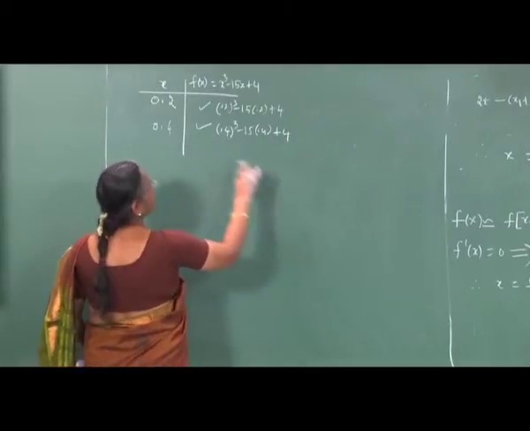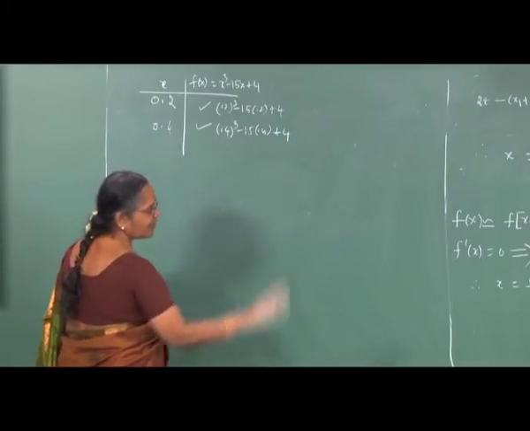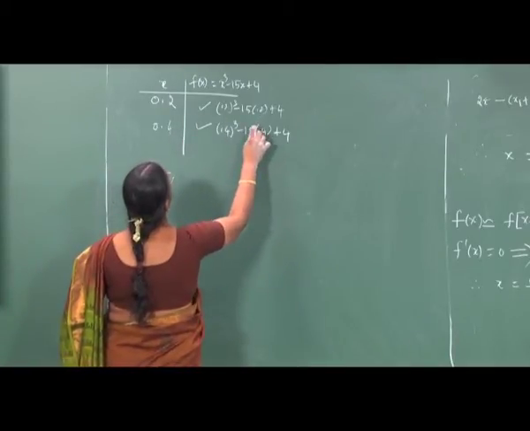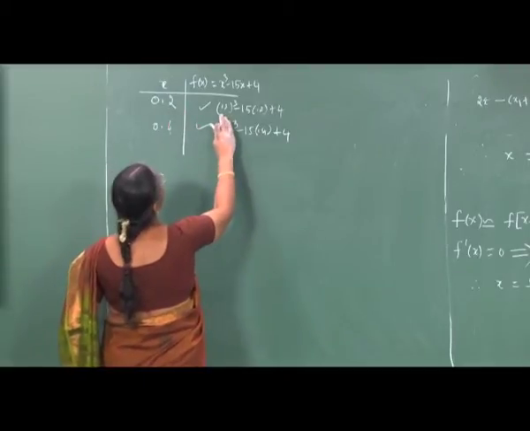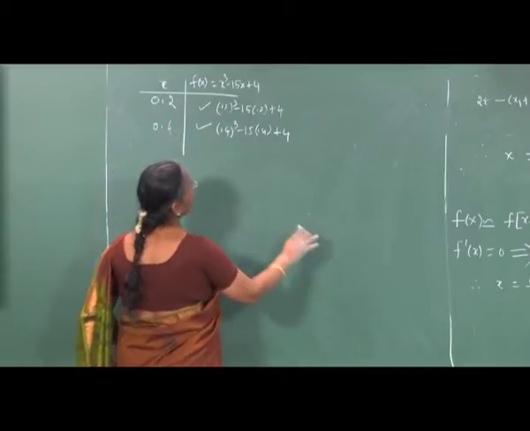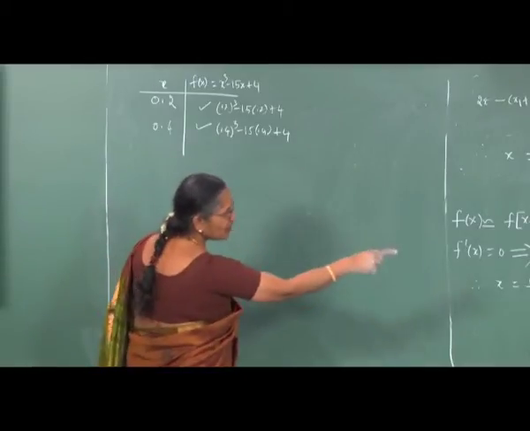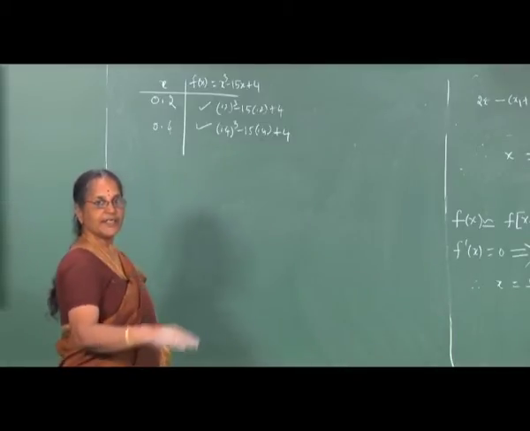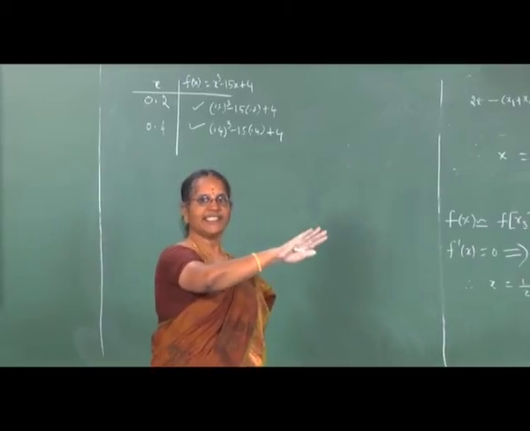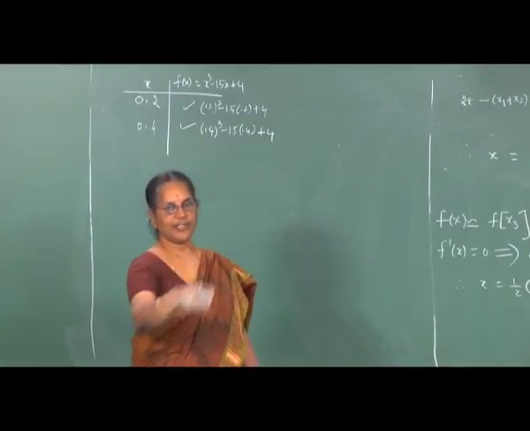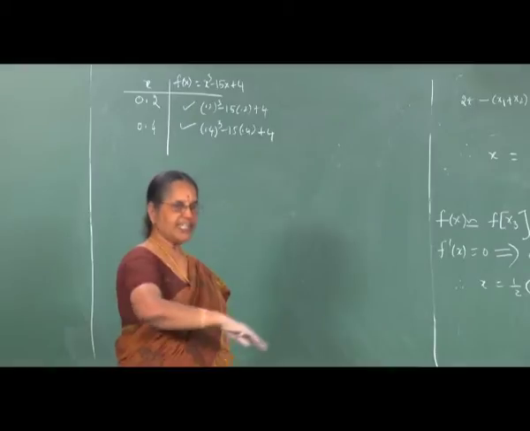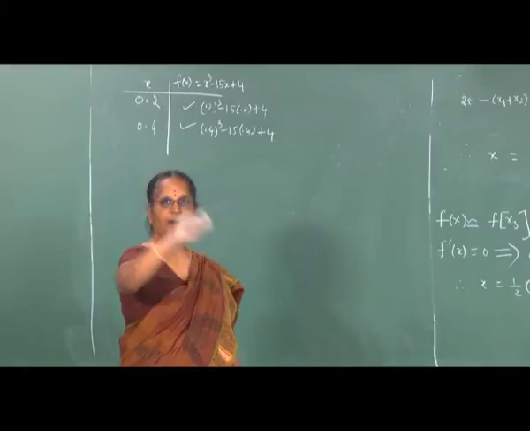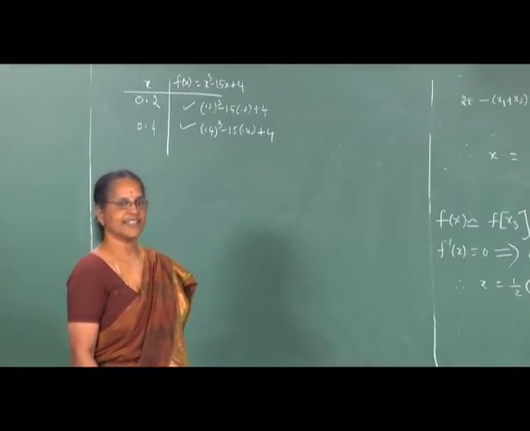Since it is said that it is close to 0.3, I would like to find out the values at 0.2 and 0.4, and since it is a root at which the function must vanish, it has to change its sign either from a positive value to a negative value or from a negative value to a positive value, so that it will cross the x axis.